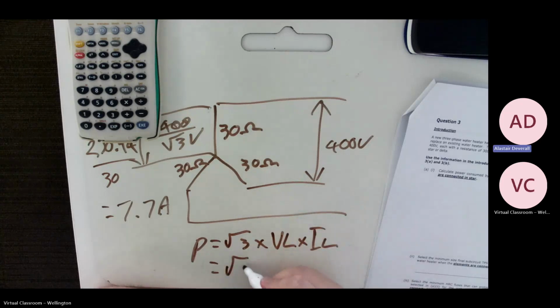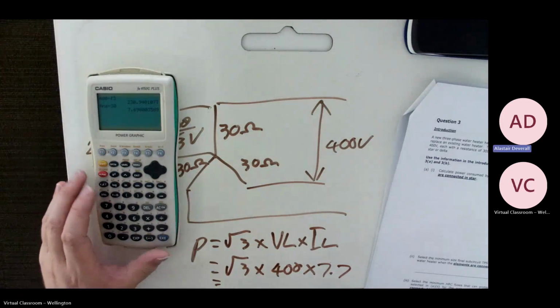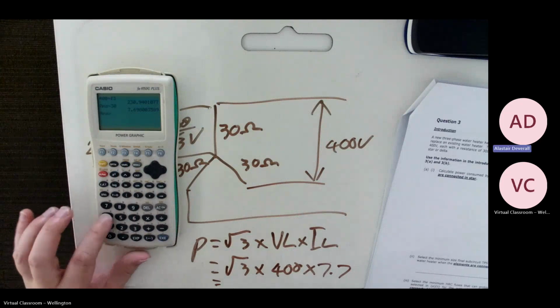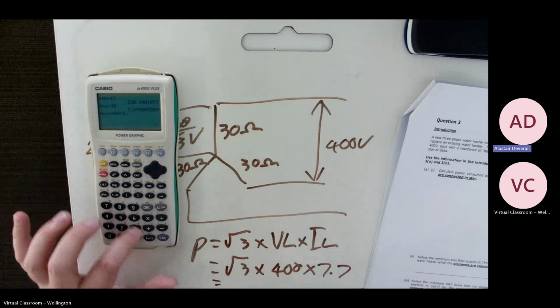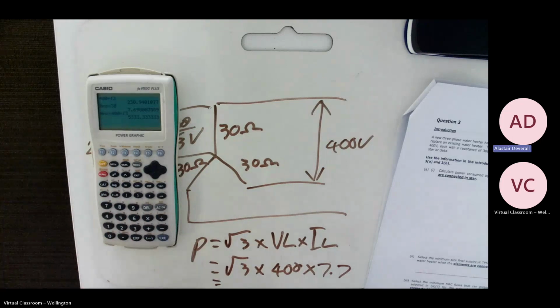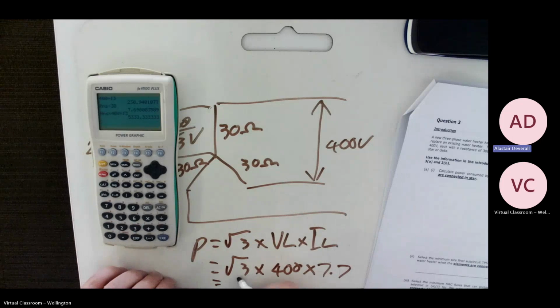We now have root 3 times our V line, 400, times our I line, 7.7, and now we can calculate our final thing. Times by 400 times by square root of 3. Using my already in calculator 7.69, and we get 5333.3 recurring watts.